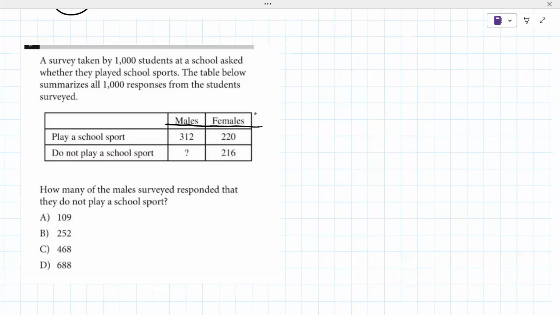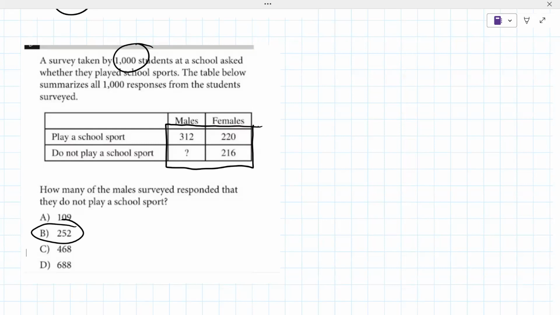What do these 4 boxes add up to? 1,000. Okay, so 252. There we go. All right, let's see if we can do another one.